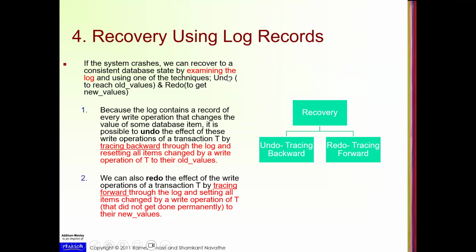So we either use undo or we use redo. It is something like your system was working fine for 1 month, and then suddenly today you install a new software and the system crashed.